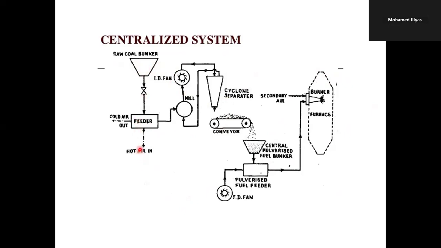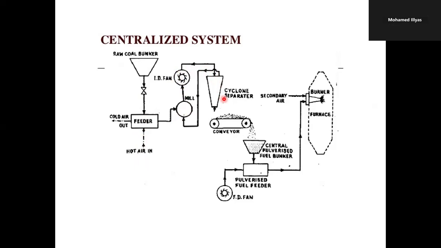We supply hot air or flue gas to dry the coal and remove the moisture content. Then this dried coal will be supplied to the pulverizing mill. The coal in powder form will be taken by the induced draft fan and supplied to the cyclone separator.